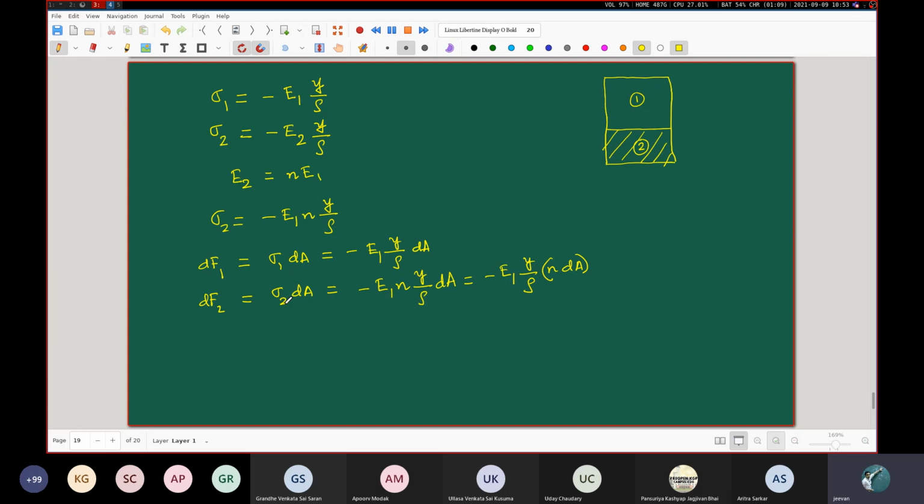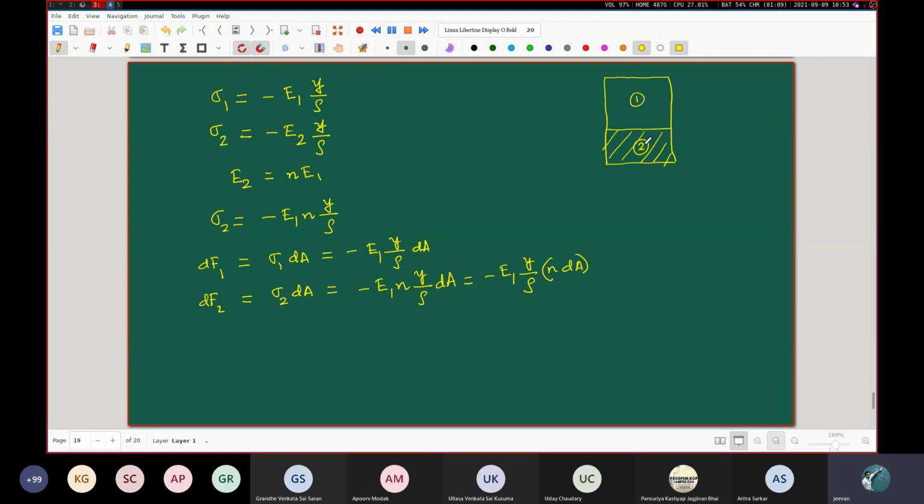The implication is that for the dF1, we are writing this in terms of E1, but for the dF2, when we are considering this material 2, it is as if, instead of the material 2, we had the material 1 in this place.